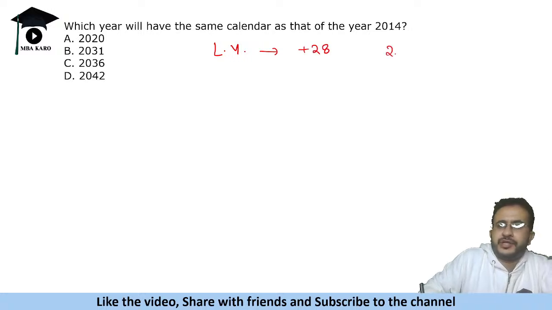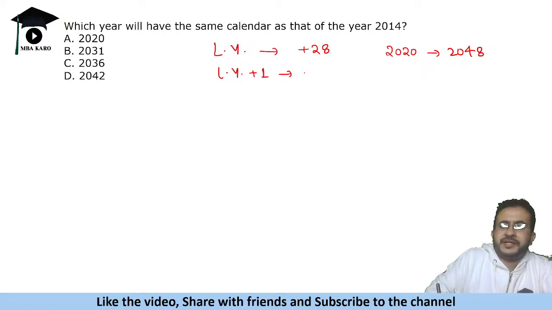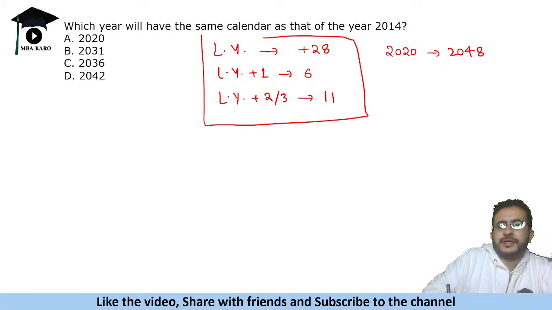Okay, so let us say 2020 was a leap year. Now 2048 will have the same calendar. Okay. If it is leap year plus 1, it repeats after 6 years. Okay. If it is leap year plus 2 or leap year plus 3, it repeats after 11 years. So ये basic आप याद रख लेना.